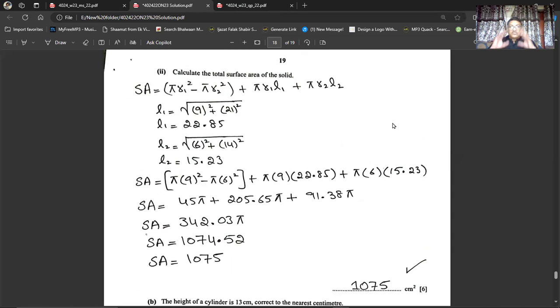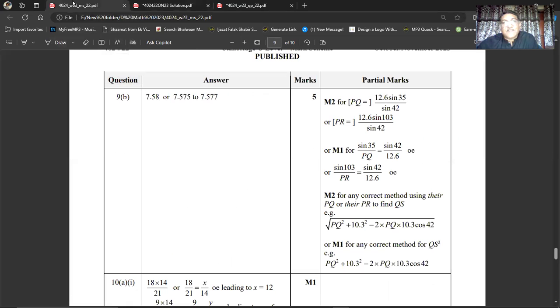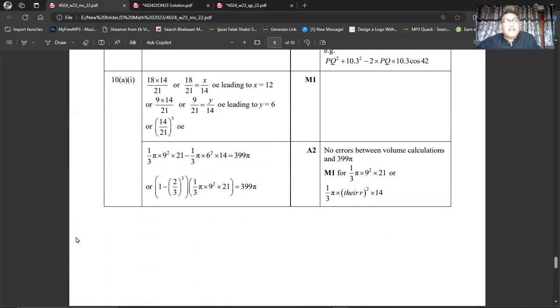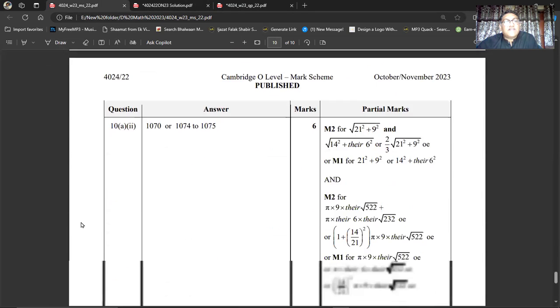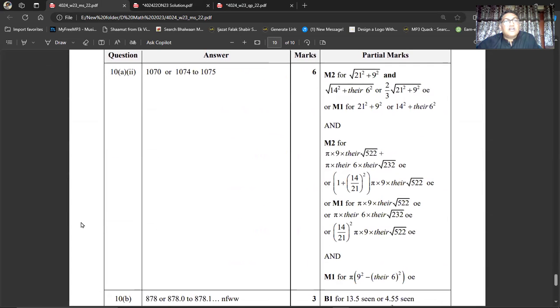So the surface area will be approximately 1075 centimeters square. So our answer is right.